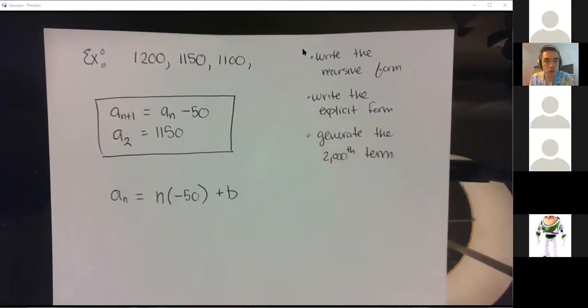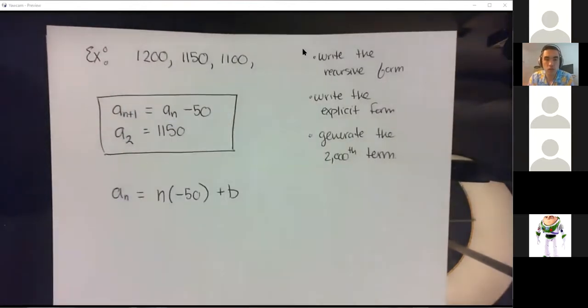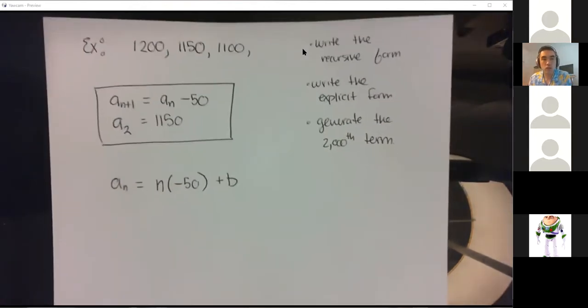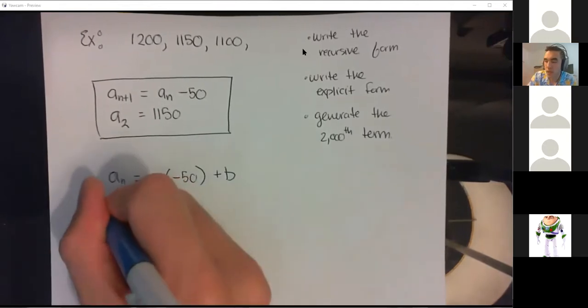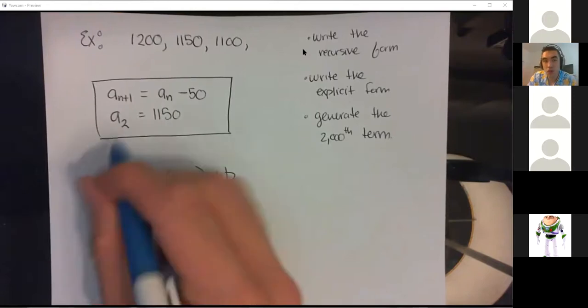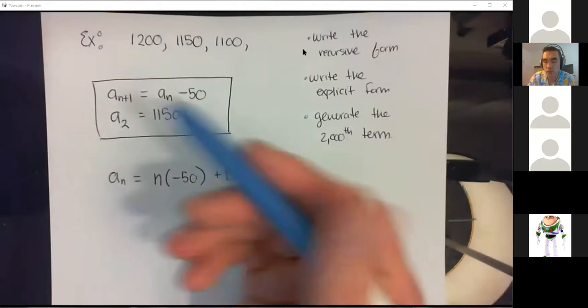So this is the linear equation that we need to solve for b in order to define what's going on in this sequence. And so let's go ahead and plug in a value. Which value should we plug in? 1200. Sure, yeah, but again, it doesn't matter. You could plug in any one of these values, either this and 1, this and 2, this and 3. They should all give the same answer.